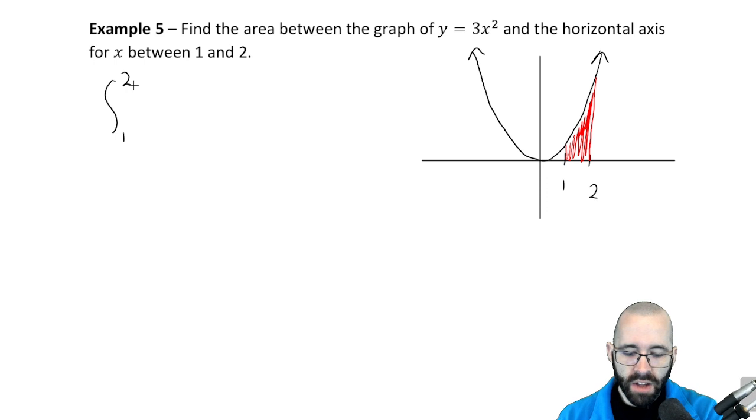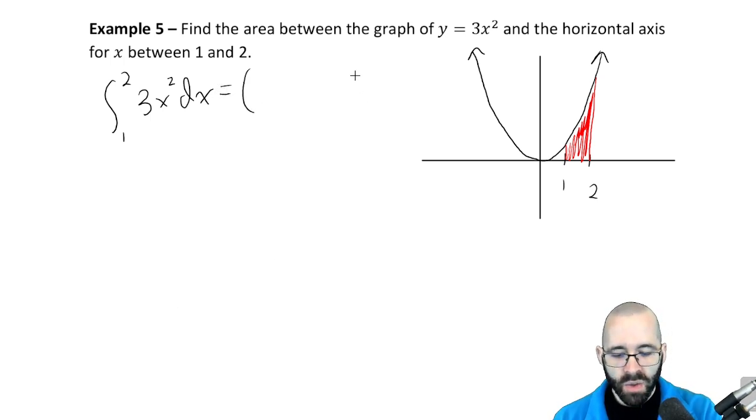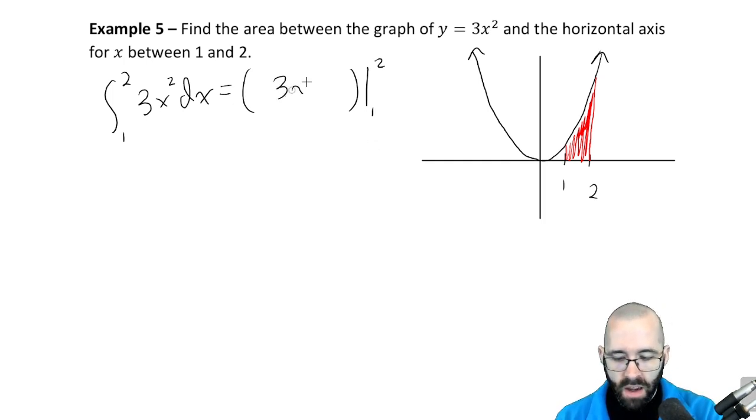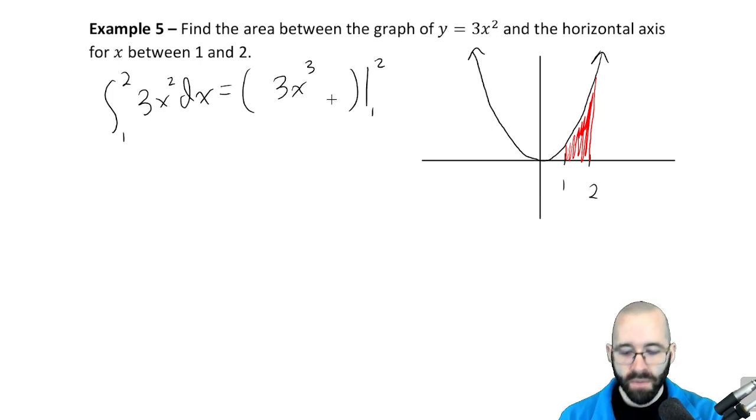Specifically, the definite integral, x going from 1 to 2. Our function is 3x squared, and we're integrating with respect to x. So we find our antiderivative and evaluate it between 1 and 2. What's the antiderivative? Well, let's use the power rule. Add an exponent, divide by that new exponent.